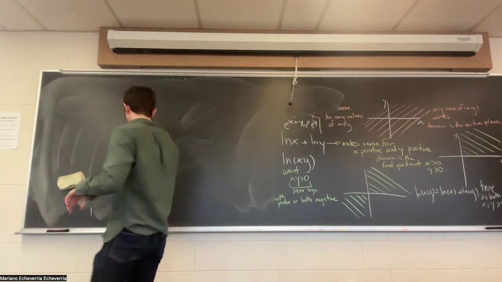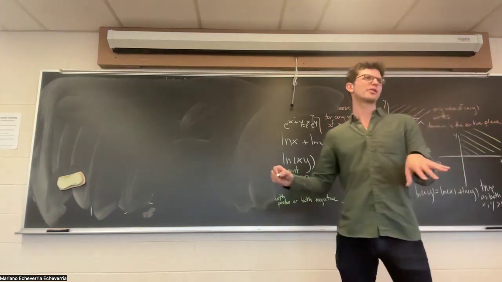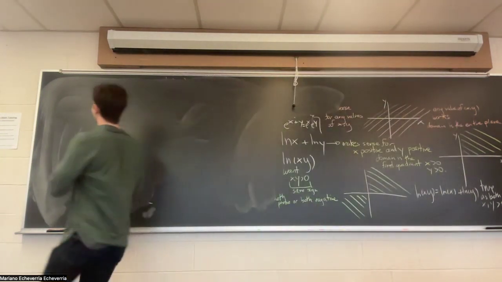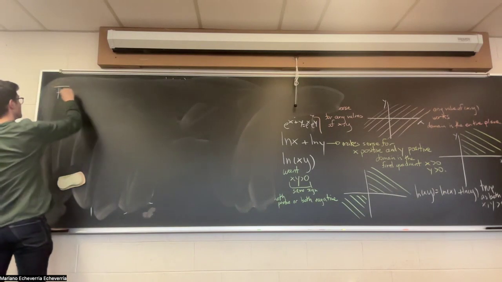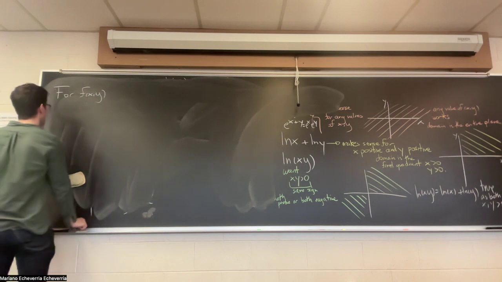So what I'm trying to say is that, for now we'll only do this for functions of two variables. So for a function of two variables, what is the domain?